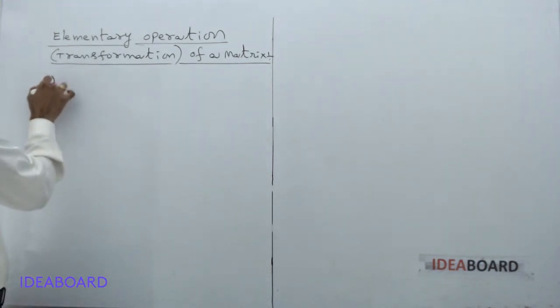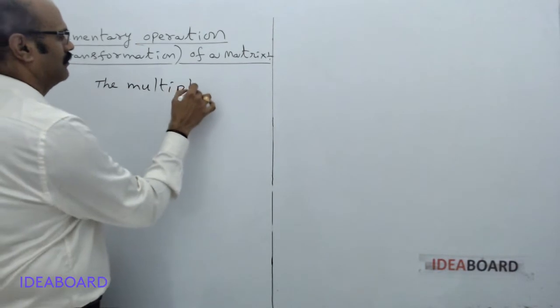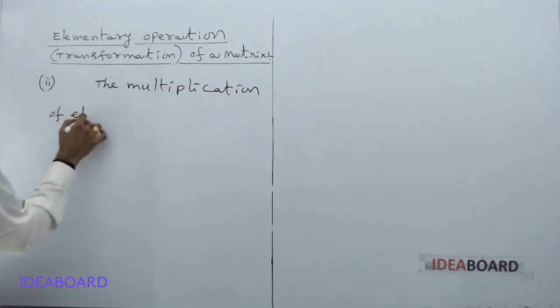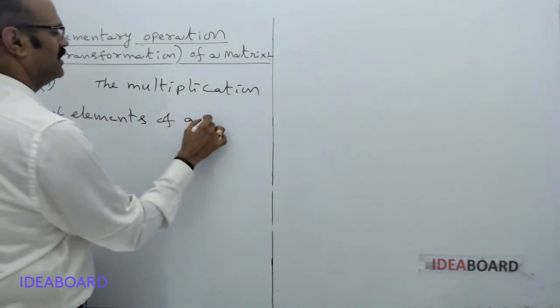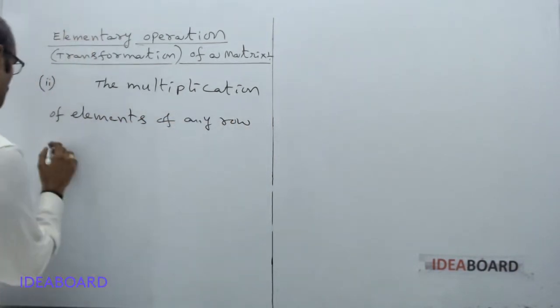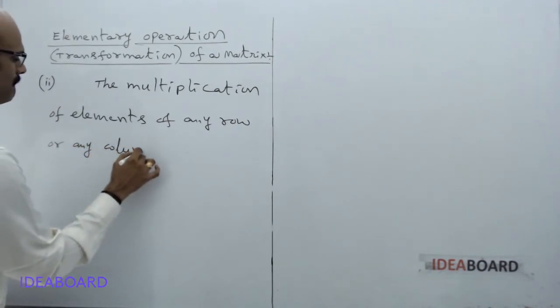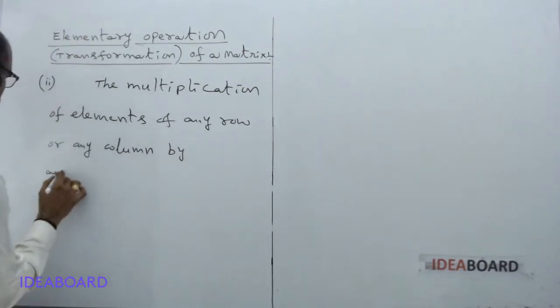Second operation. The multiplication of elements of any row or any column by a non-zero number.